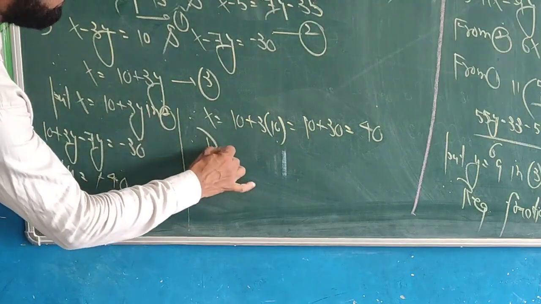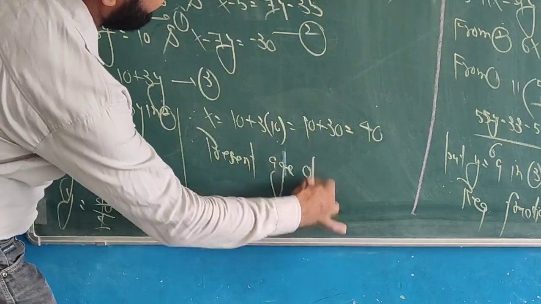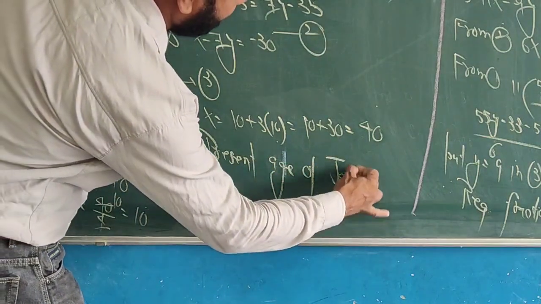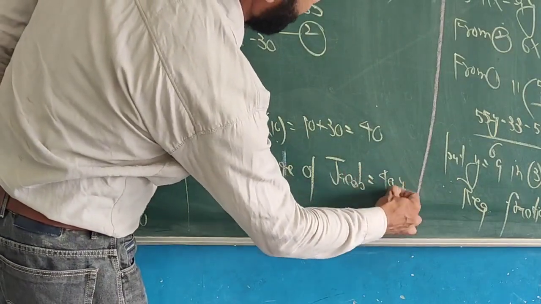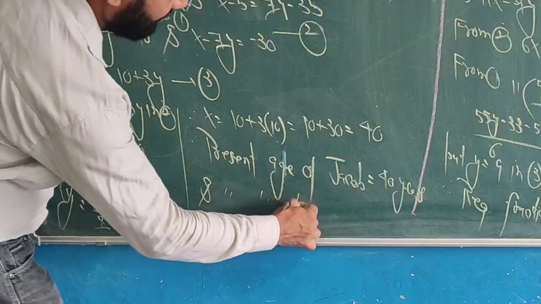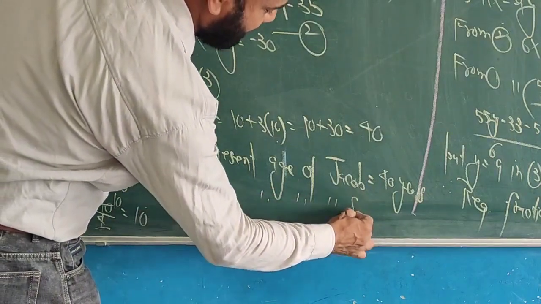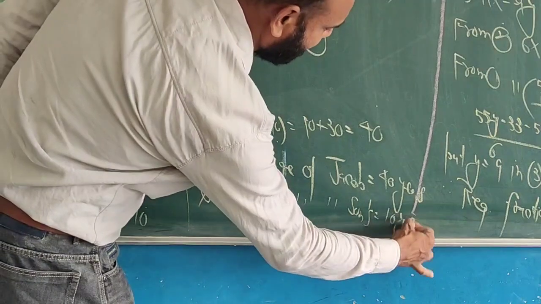Therefore the present age of Jacob is equal to 40 years, and the present age of Jacob's son is equal to 10 years.